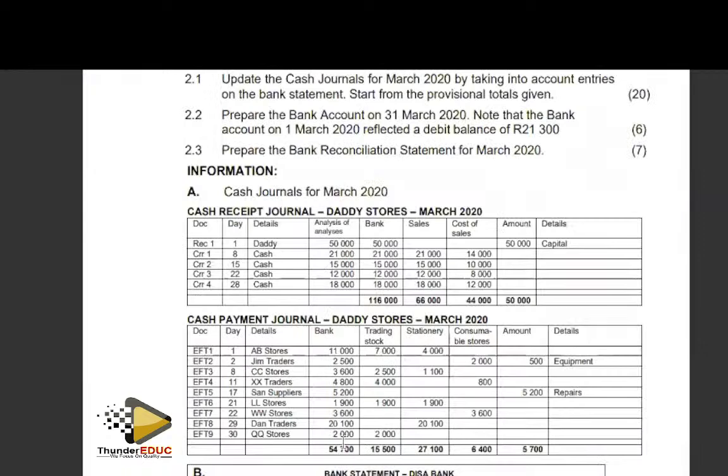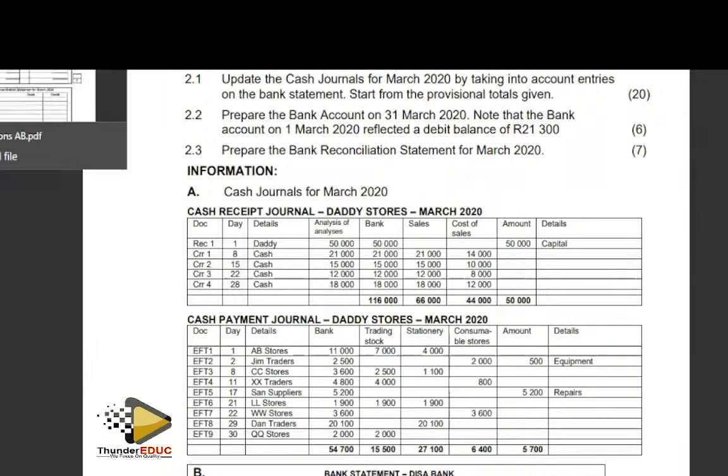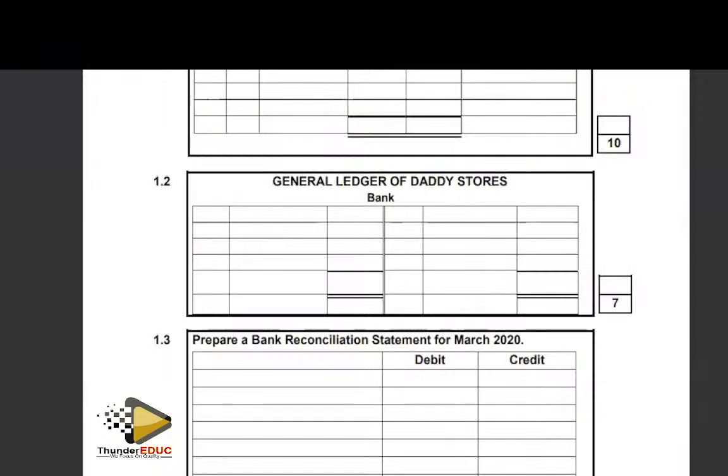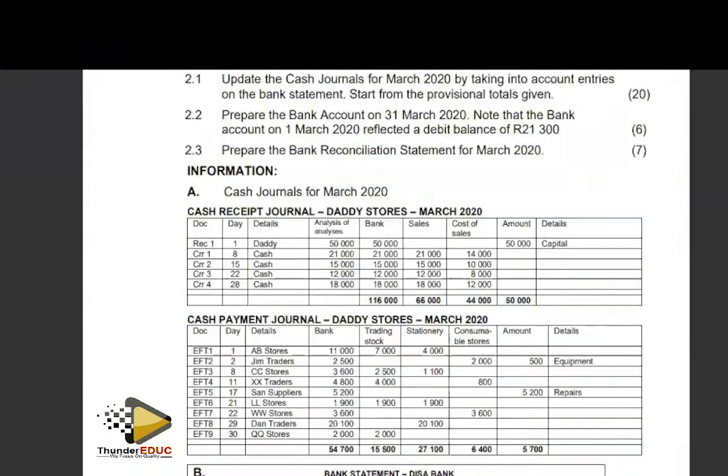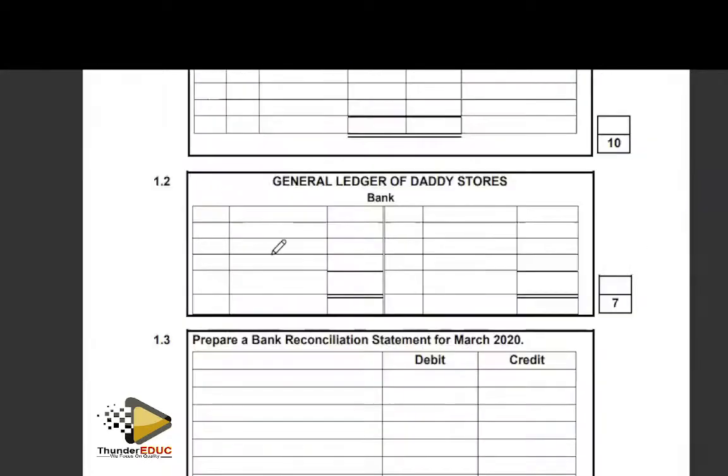It's supposed to be 54,700. Those are the totals we are supposed to use. So let's change it also. So the first thing you should do, always carry the totals first. Then you start doing the work.